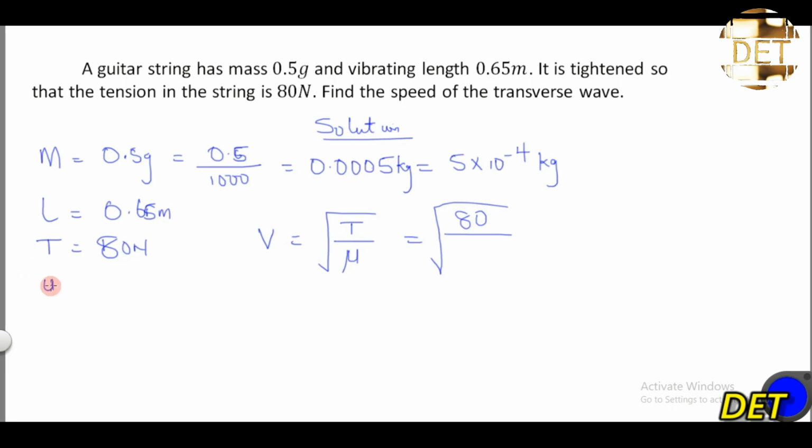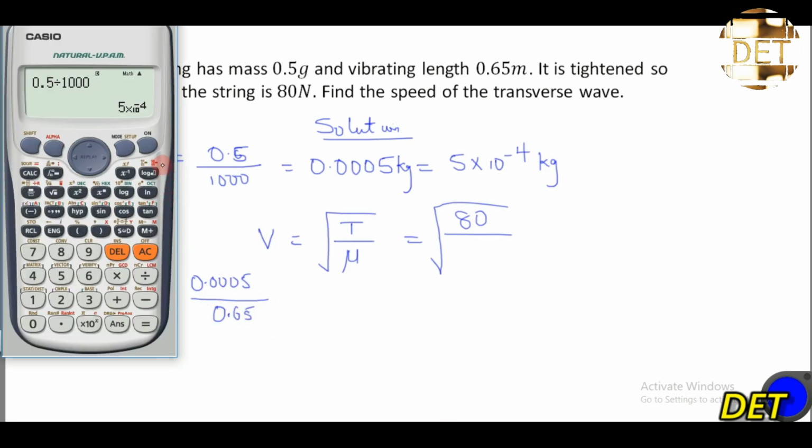So our linear mass density is equal to mass over length. So the mass of this guitar string is 0.0005 kg divided by 0.65, right?